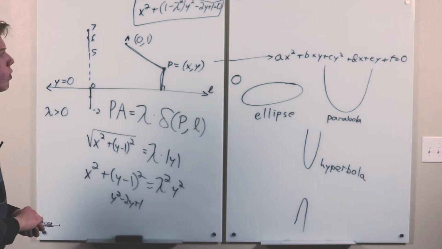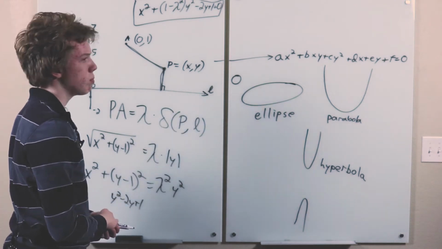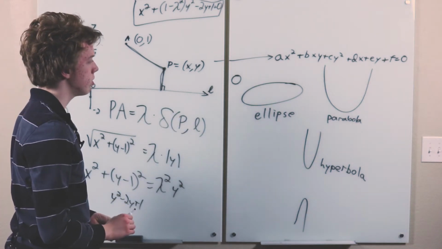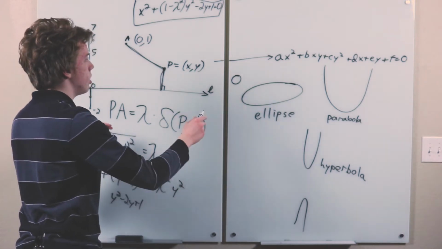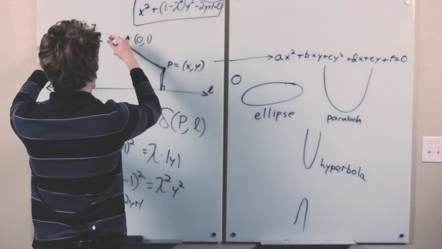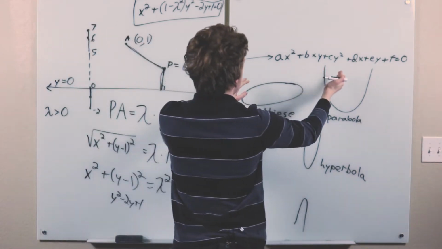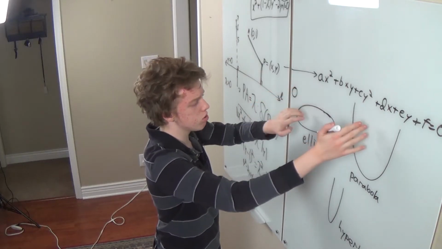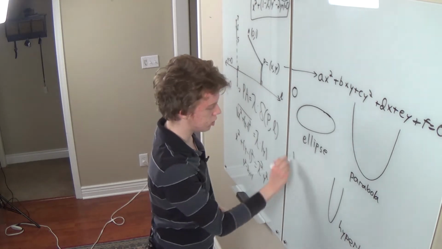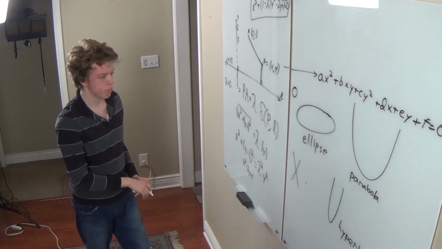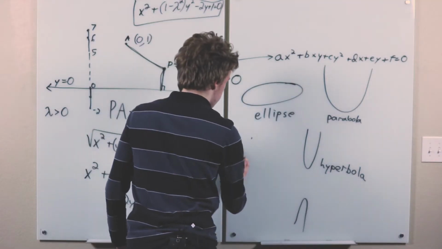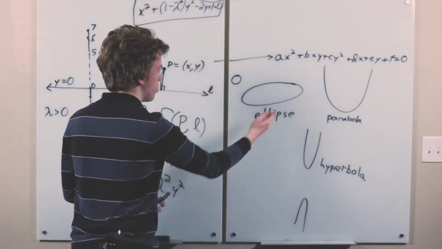And it turns out that anything you can get of this locus form can be written this way. Anything in this form that is a parabola, ellipse or hyperbola, and not something boring like 2 lines or a point, will have this locus form. But this doesn't really tell us when we get what.